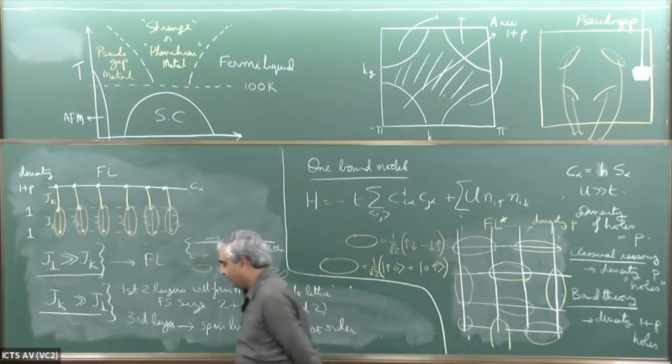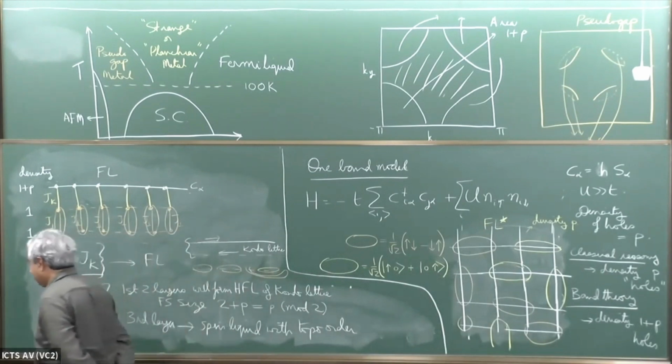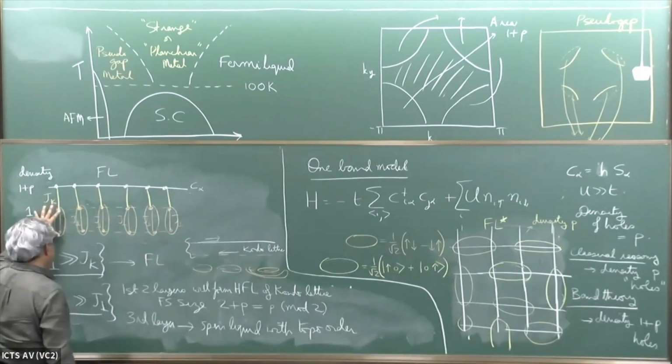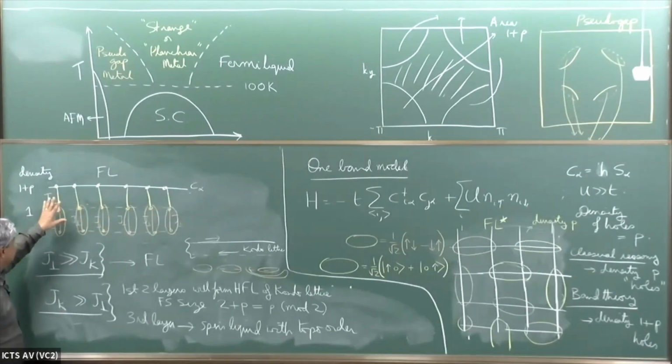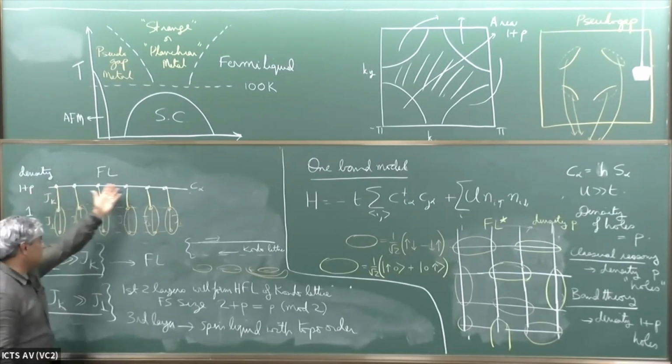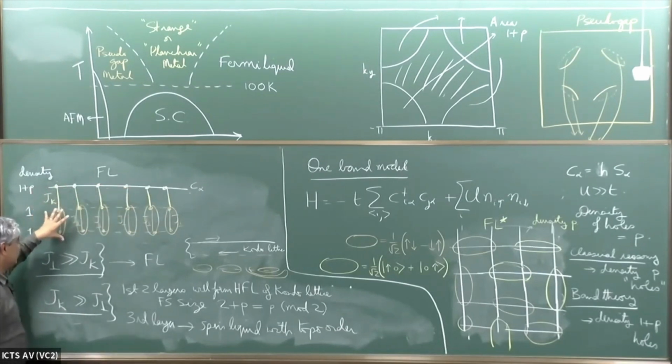Well, in the end, the electrons here are figments of our imagination. There is no delocalizing electron in this direction, it's only in this direction. This is a convenient way to talk about the low energy Hilbert space.